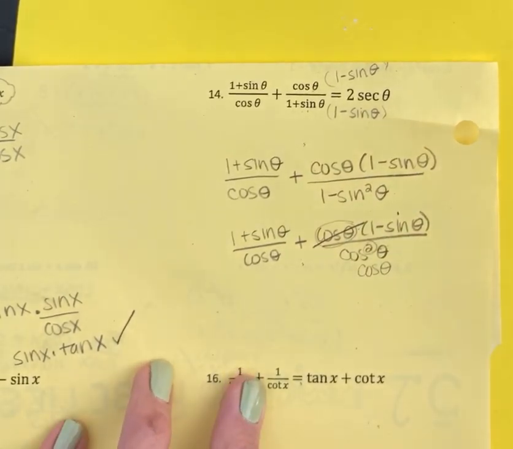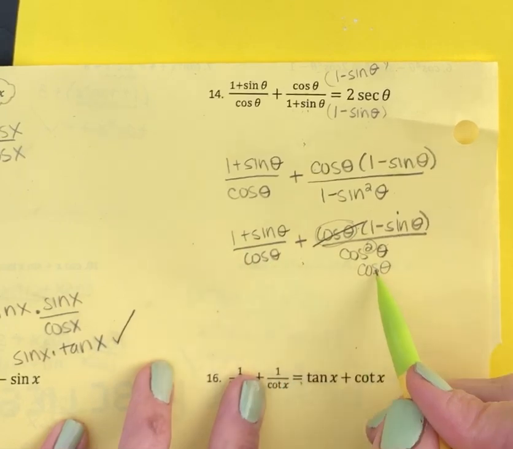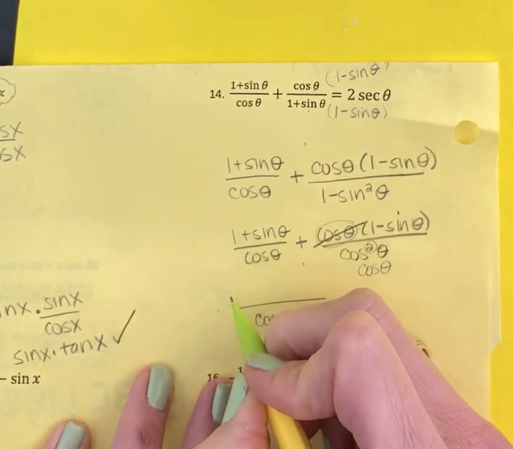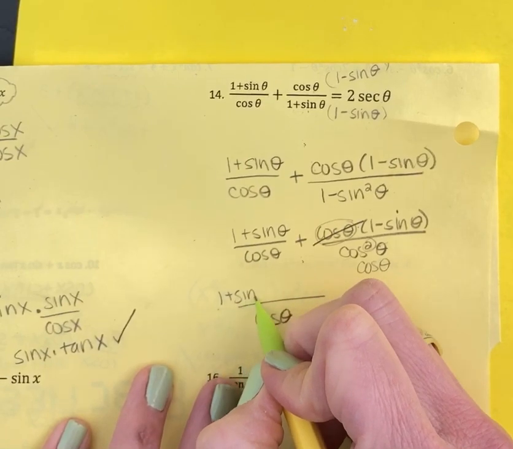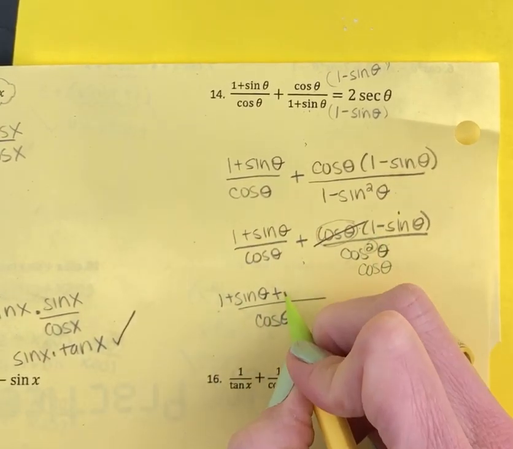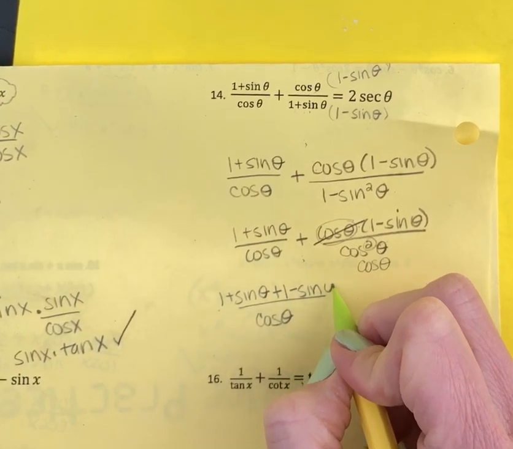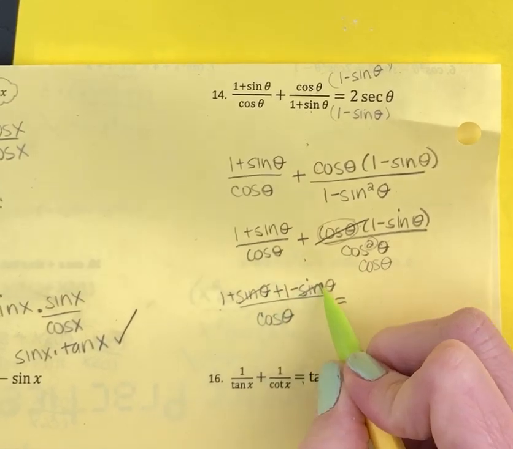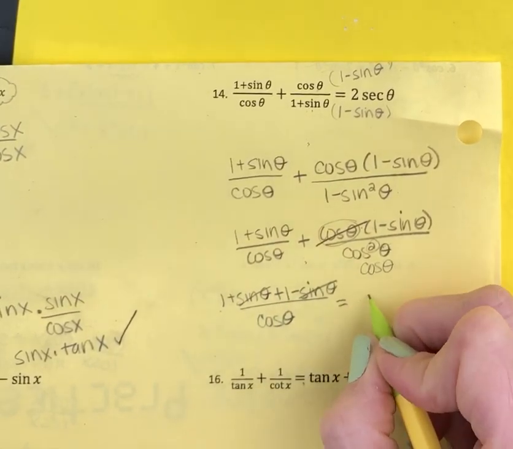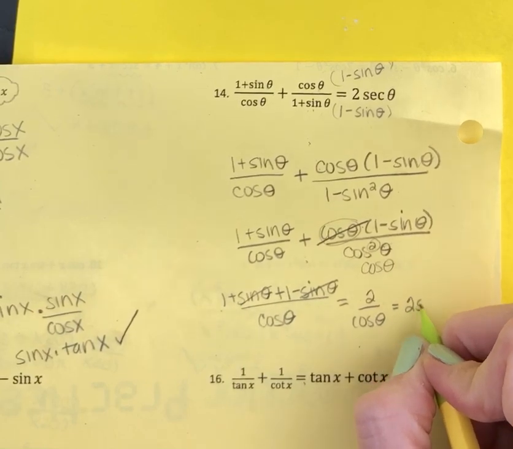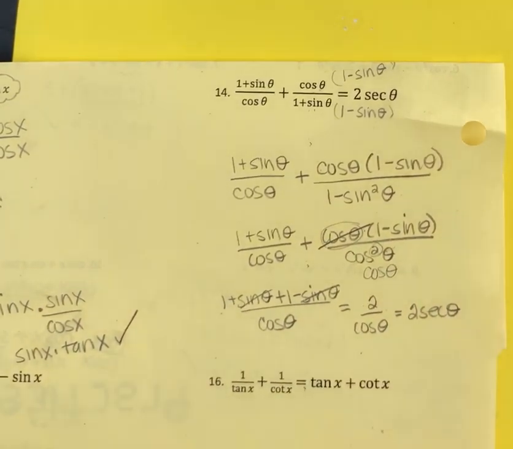That's going to be gone. So now I have a common denominator. So I can add these fractions. I have 1 plus sine theta plus 1 minus sine theta. Sine theta minus sine theta gone. 2 over cosine theta equals 2 times secant theta.